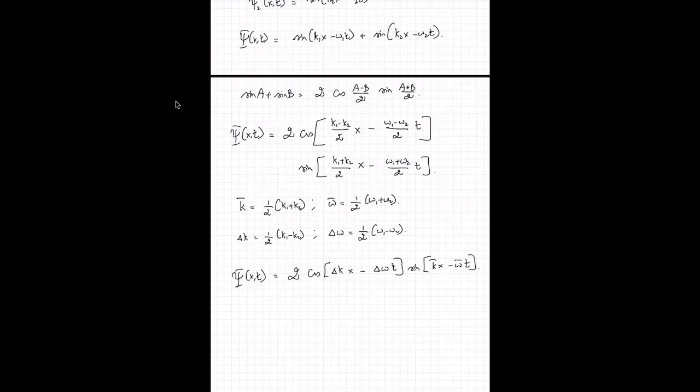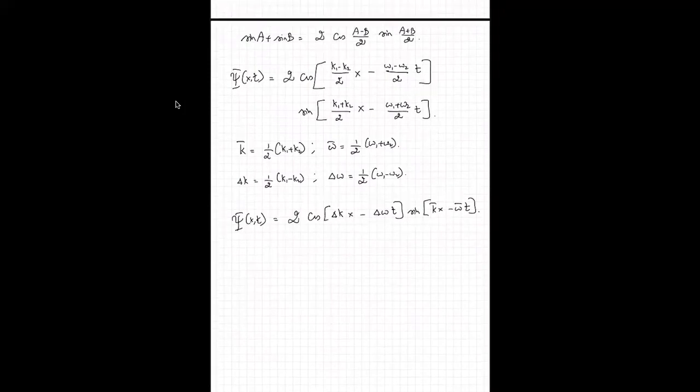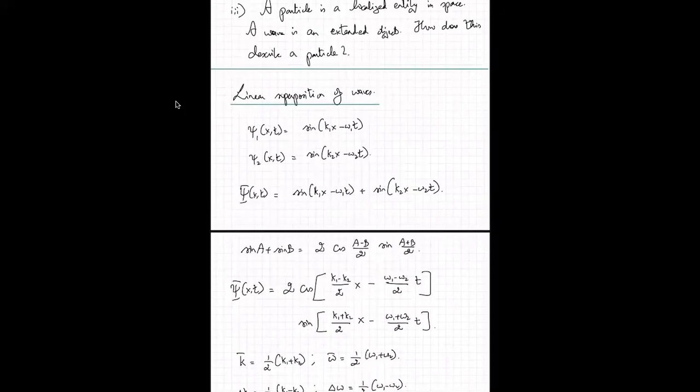Now I did not say anything about the values of k1 and k2 and omega 1 and omega 2, but right now I will make a choice. I'll choose that k1 and k2 are very close to each other and omega 1 and omega 2 are very close to each other. I'm the one doing the adding. I can take any wave I want to. Nobody can stop me. So I will choose waves whose velocities are very close to each other.